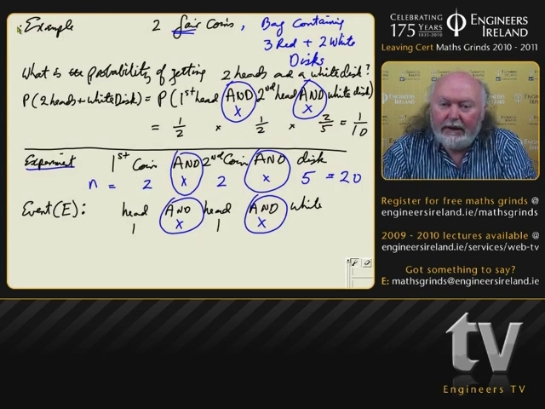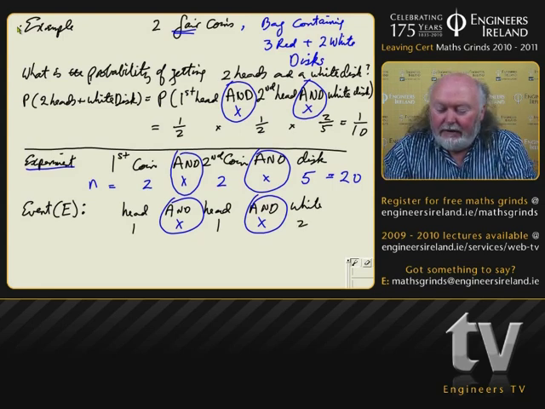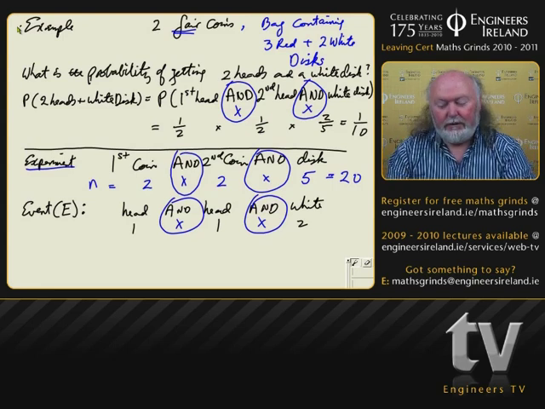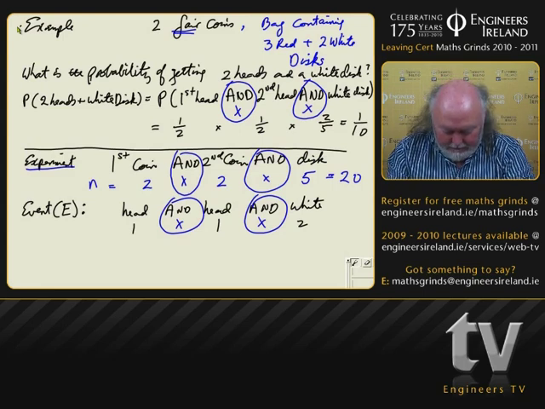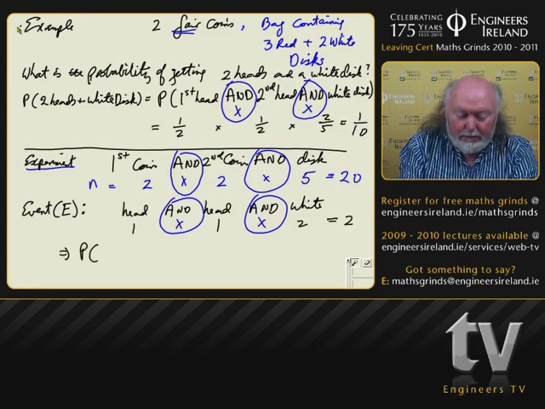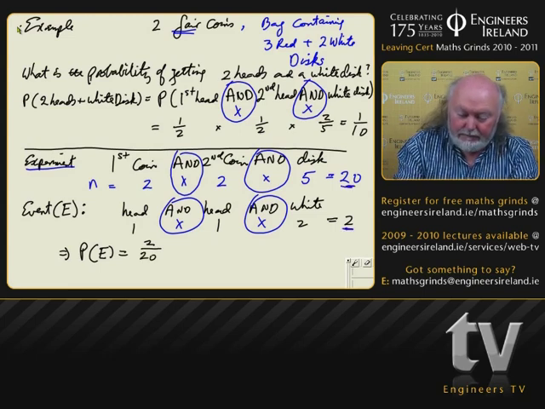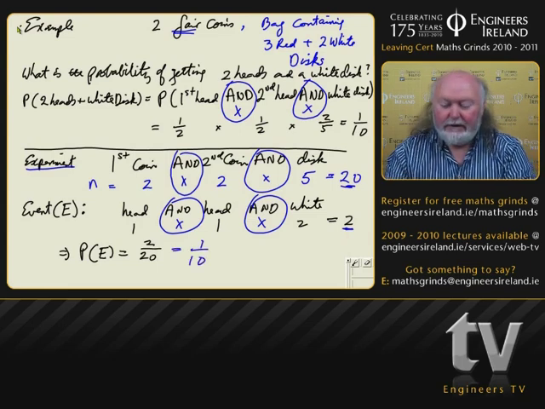There's 1 chance out of 2 of getting a head from the second coin, and we've got 2 out of 5 chances of getting the white disc. So there's 2 chances there that will actually fulfill our requirement for white. And that's a total of 2. So that implies that the probability of this event, E, is equal to 2 over 20. That's just that number divided by that number. So you'll see we get the same answer here as we did up here.